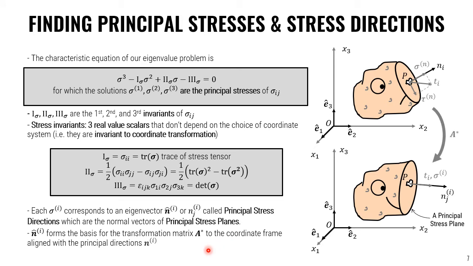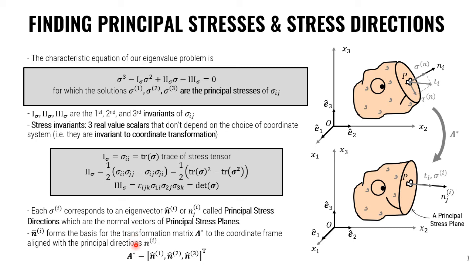Then we can form a transformation matrix A star having these principal directors. The use of the transformation matrix A star on any coordinate system results in aligning that coordinate system with the principal directions of the stress tensor for that point.